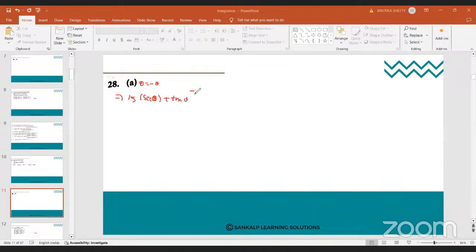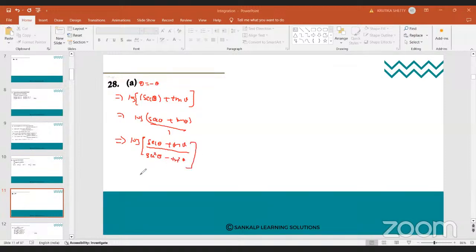So you will get it in the form of log of sec theta plus tan theta, or we can write it as log of sec theta plus tan theta divided by 1. And 1, using the trigonometric identities, we can write as secant square theta minus tan square theta.